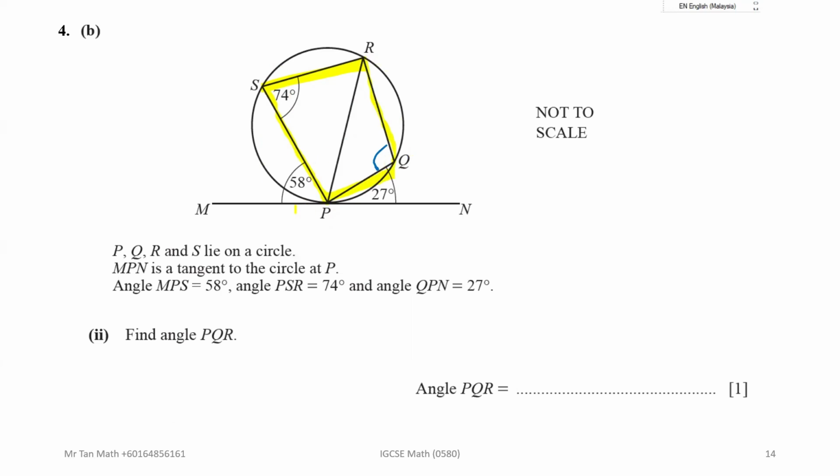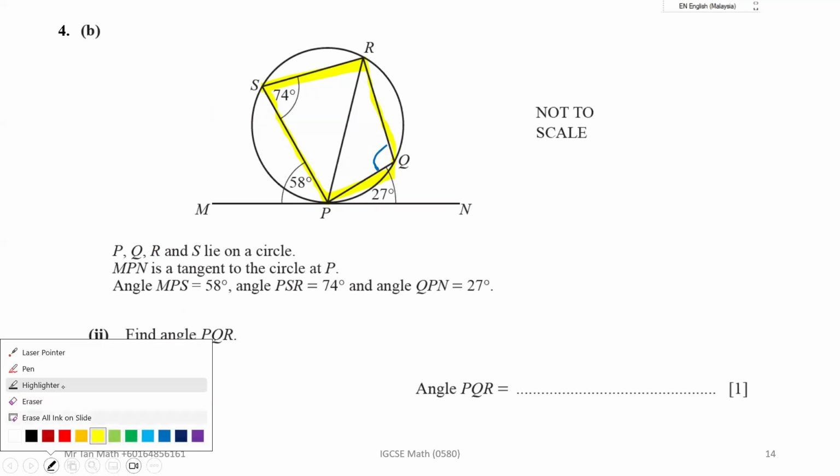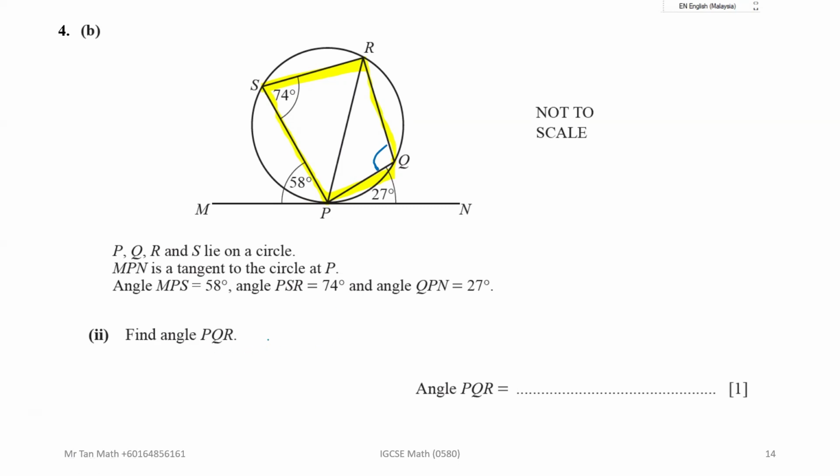It's a cyclic quadrilateral, so we know that these two add up to 180. So PQR is equal to 180 minus 74. You get 106.